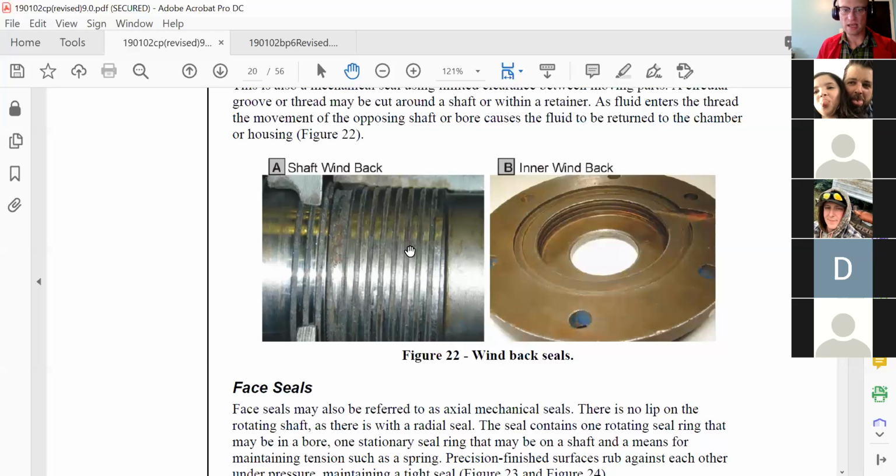As this input shaft rotates with rotation of the engine, you can see how these grooves slowly go to the rear in this direction. It's cut in the direction so that as it's operating, when the engine's idling, when it's driving, it's threading the oil back into the case. And that's how this windback seal works, which is very similar to clearance seals and exclusion seals, okay?